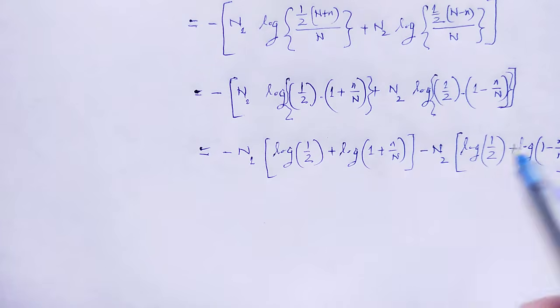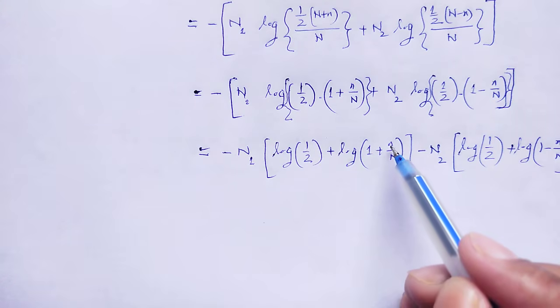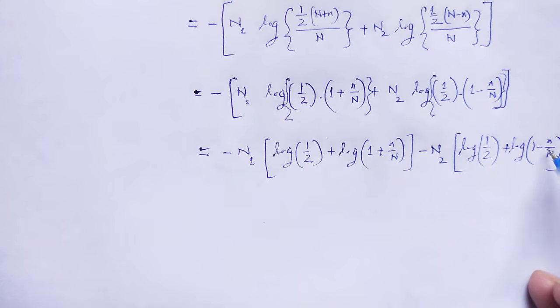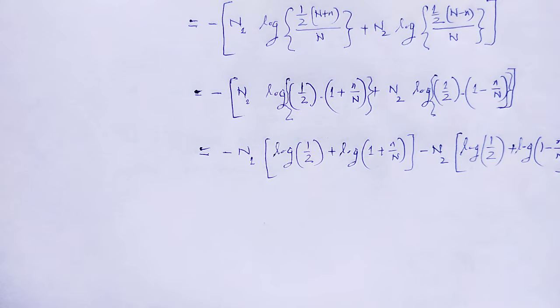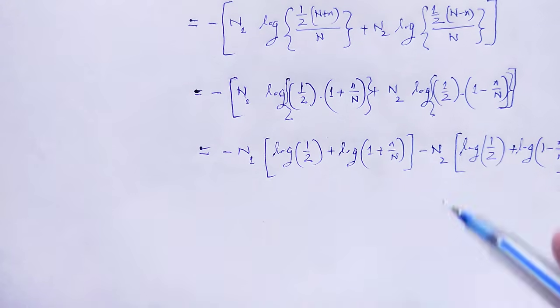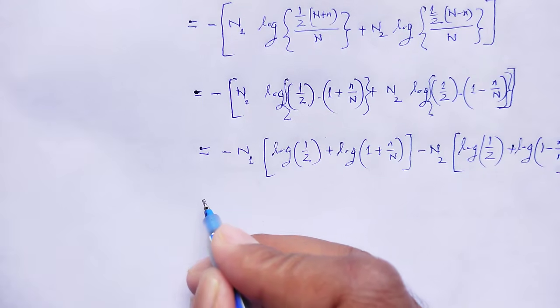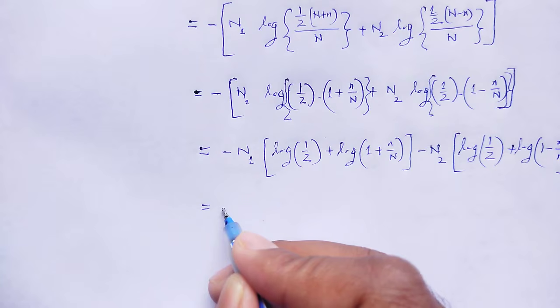The formula log of 1 plus n minus n, log of 1 minus n minus n, that can be expanded by logarithmic expansion. We write up to 2 terms of the expansion.